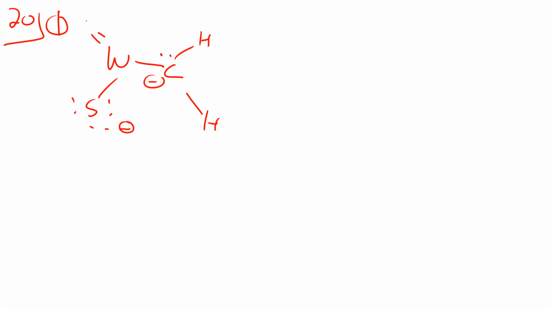So answer 1, this would be negative. I'm going to draw that one a little bit this way so it doesn't confuse anybody. There's a positive charge here, negative, negative. So I have that right.